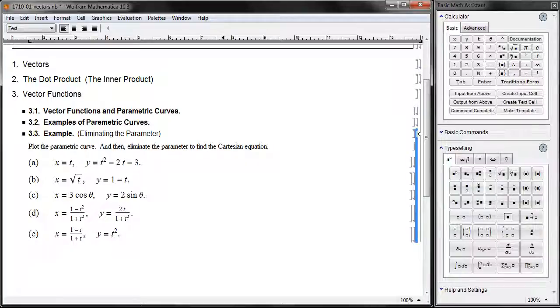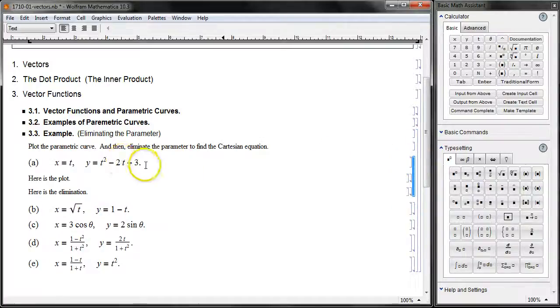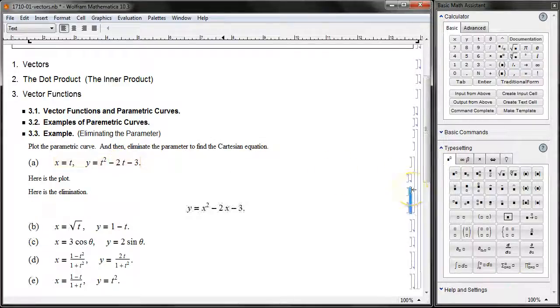Plot a parametric curve and then eliminate the parameter to find the Cartesian equation. Well, the first problem is extremely simple because I can eliminate t really easily because x is equal to t. So substitute t equals x, and I'm going to get y equals x squared minus 2x minus 3.